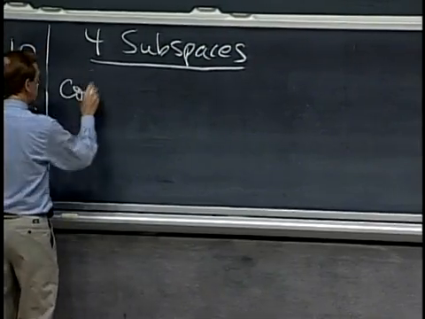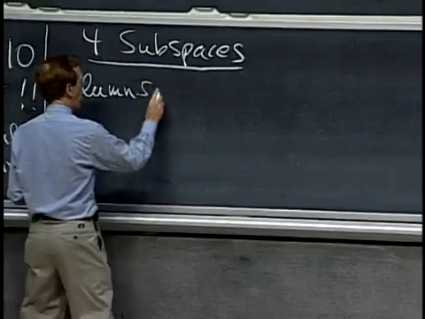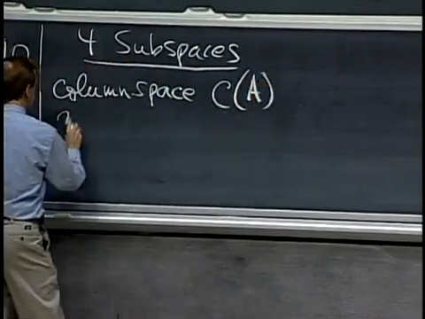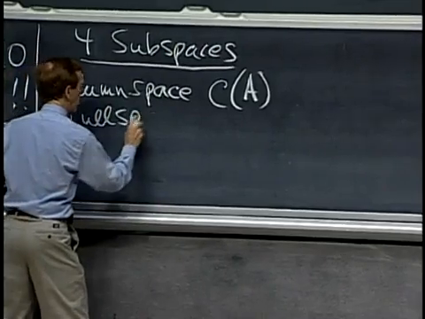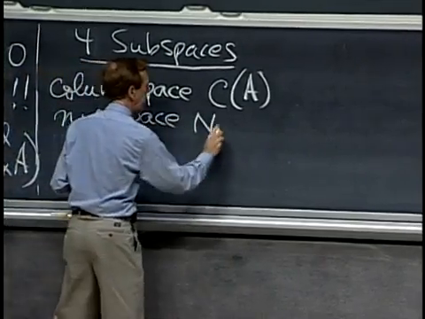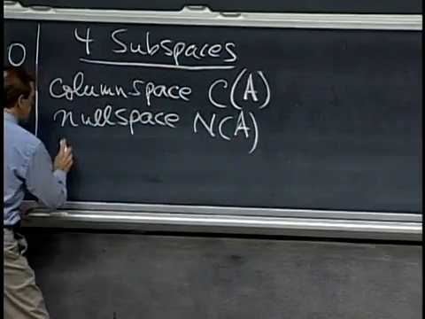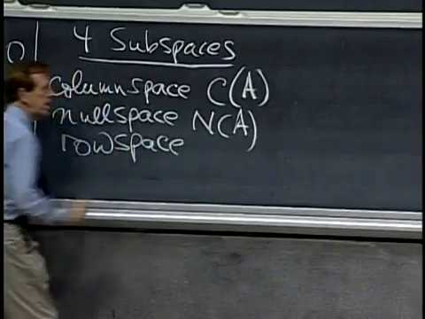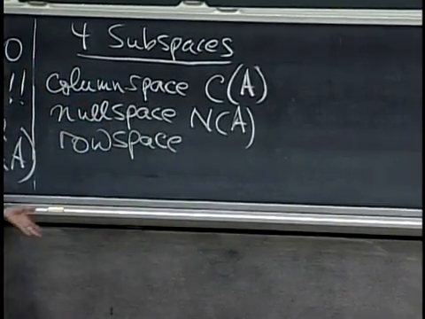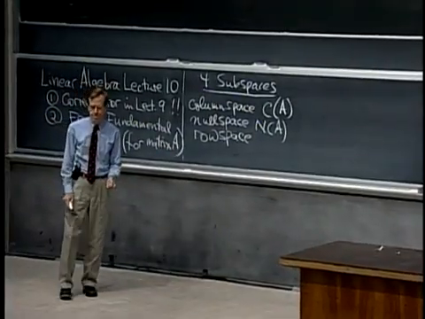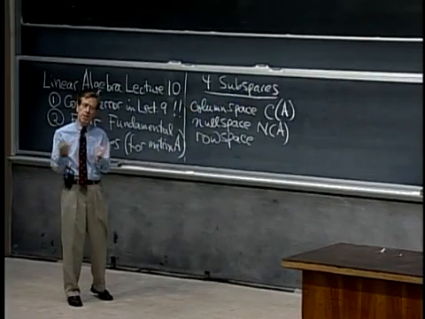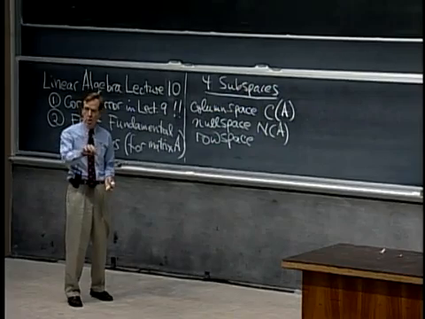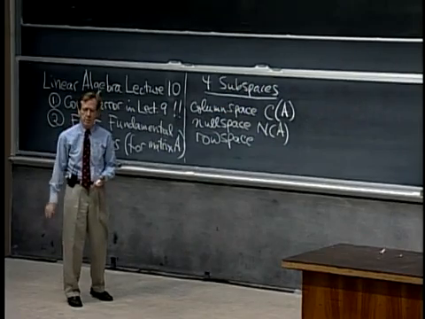The column space, C of A. The null space, N of A. And now comes the row space, something new. The row space, what's in that? It's all combinations of the rows. That's natural. We want a space, so we have to take all combinations, and we start with the rows. So the rows span the row space.